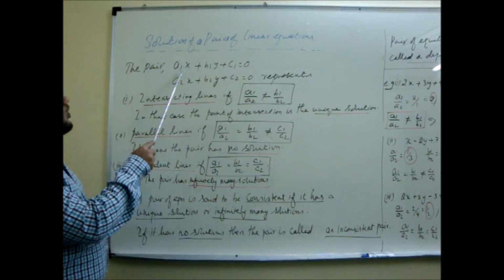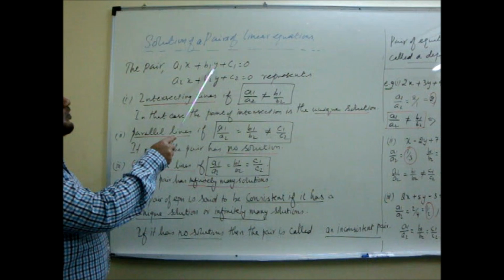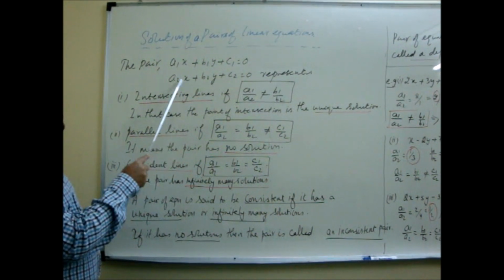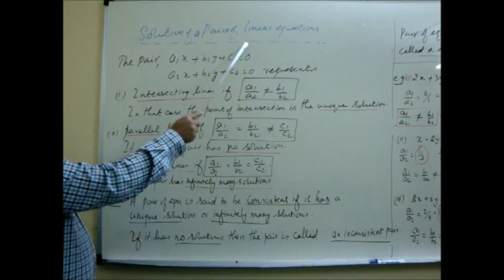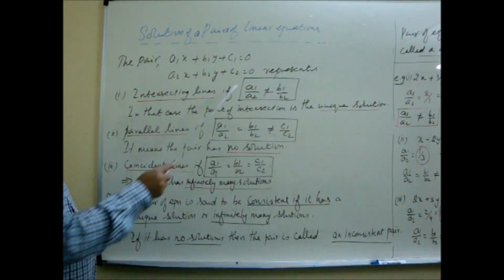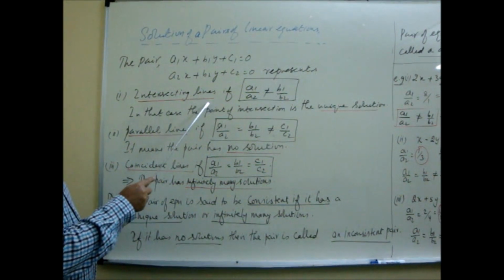The pair a1x plus b1y plus c1 equal to 0, a2x plus b2y plus c2 equal to 0. I have taken the general pair. This will be intersecting lines.